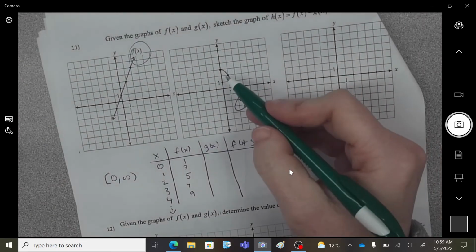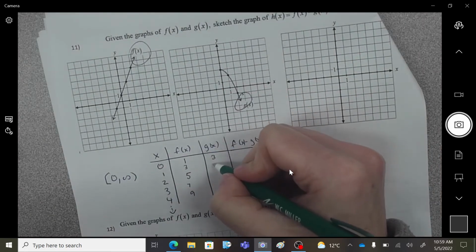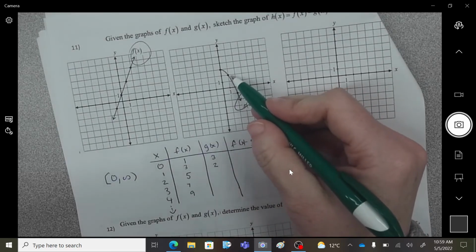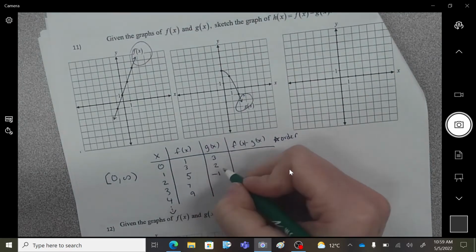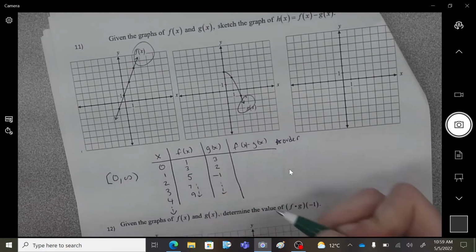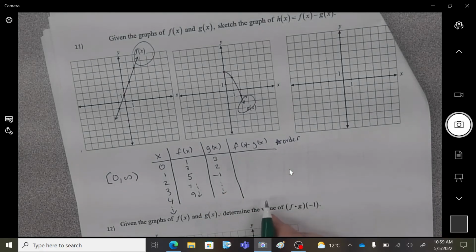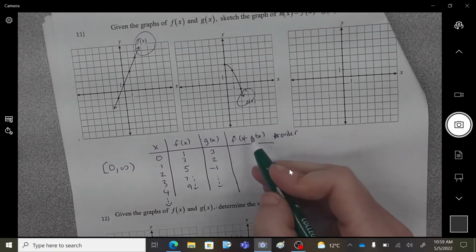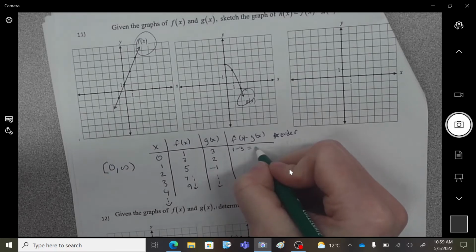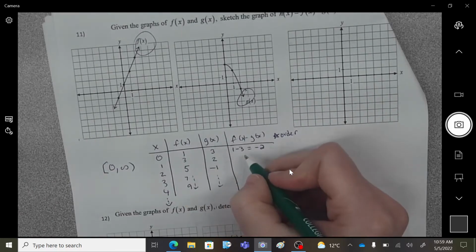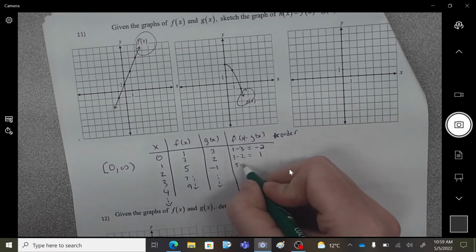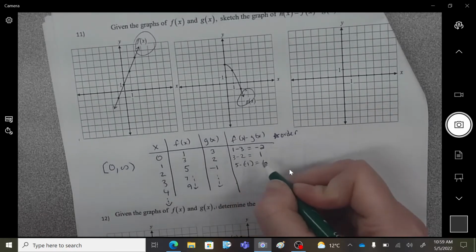The g function, 1, 2, 3 is the height, then 2, then 2 comma -1. Okay, so hopefully that gives us enough to do a pattern here. Now f, so I got to do this. So 1 subtract 3, so -2. 3 subtract 2 is 1. 5 subtract a -1 makes 6.